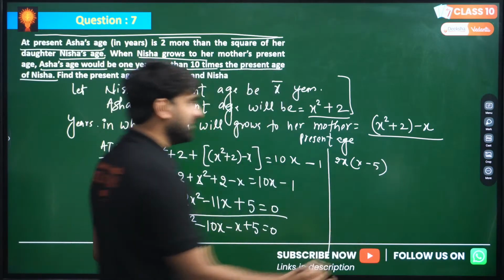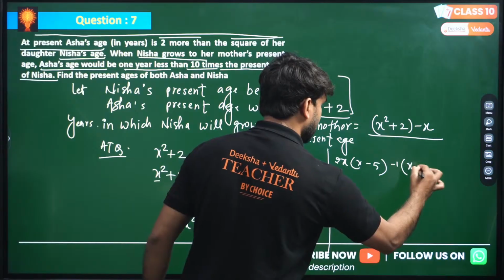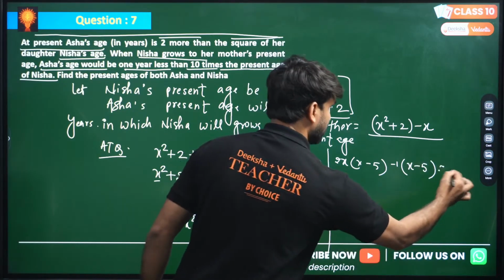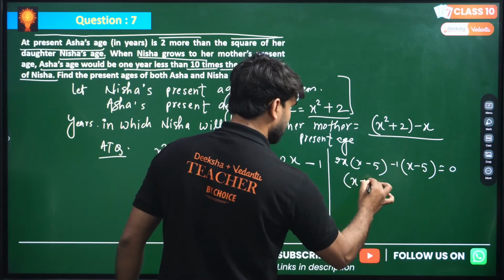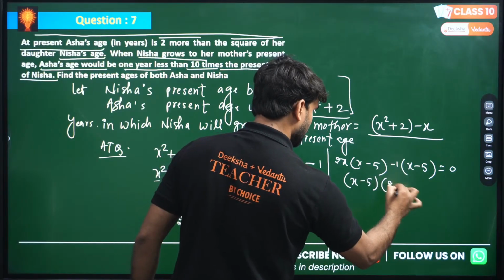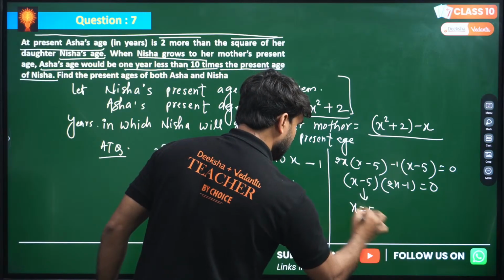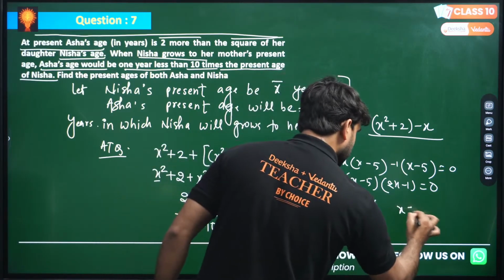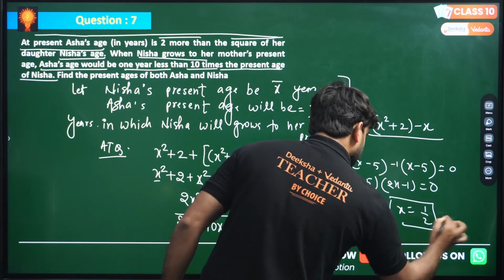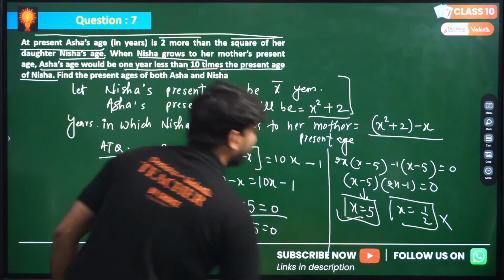Now we take minus 1 common, so x minus 5 equals 0 and 2x minus 1 equals 0. So x equals 5 and x equals 1 by 2. This will be ignored. So x equals 5 will be approved.